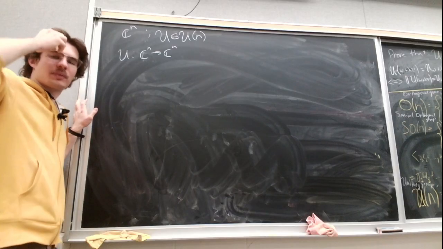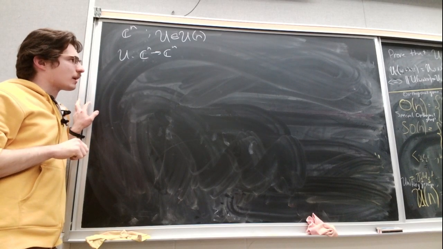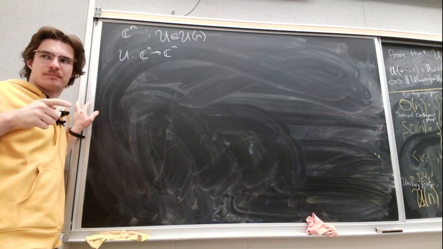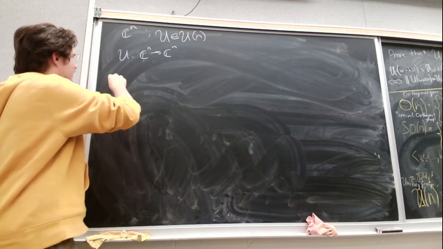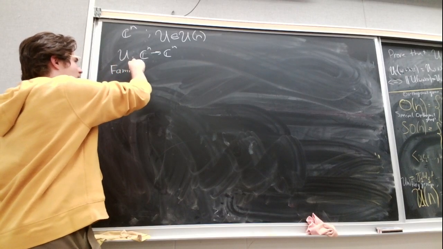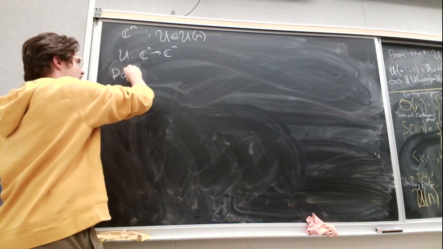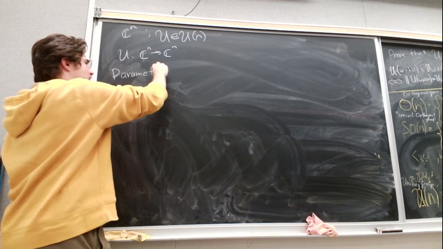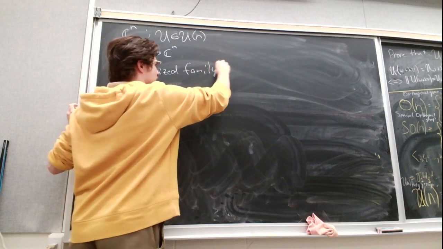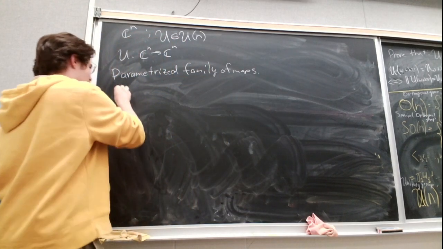But actually, what I'll want is to have something change over time. So actually, I'll have a family of maps. A parametrized family of maps. Okay?